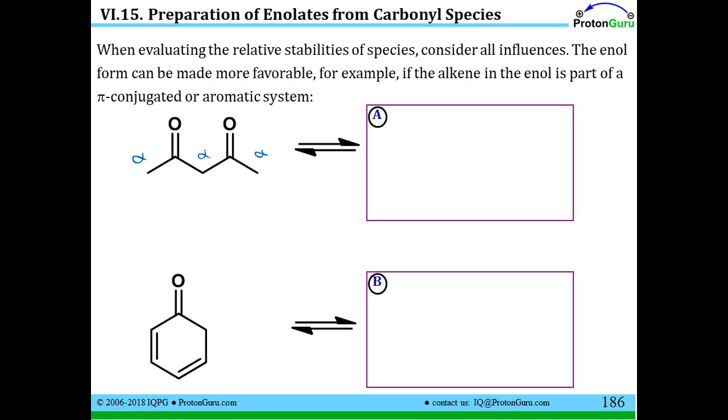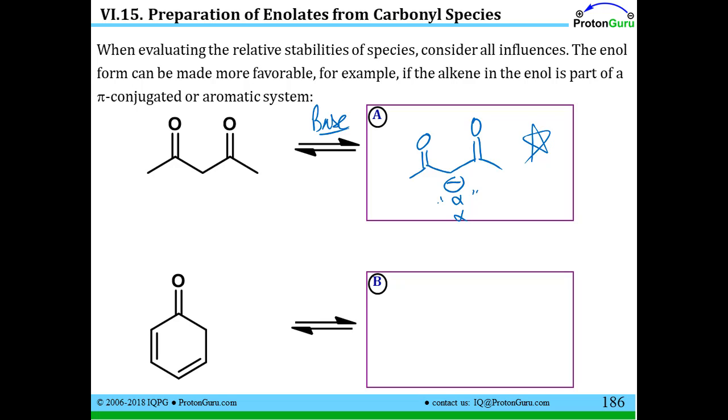Well, if I have a site that's sort of alpha to 2 different carbonyls, that's going to be more easily deprotonated when I add a base, because the conjugate base anion that we would get has the potential to be resonance delocalized onto that oxygen and to that oxygen in 2 different resonance contributors. So we have a very, very stable case when we have sort of what we can think of as a doubly alpha position between 2 carbonyls.